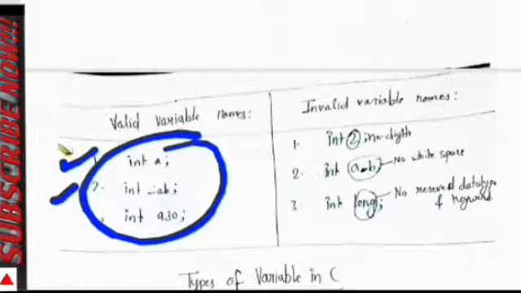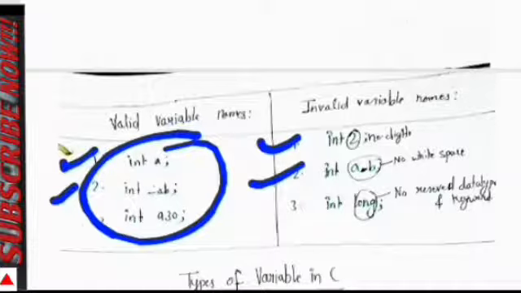Now come to the invalid variable names. We know that by the rules, a variable name does not start with digits. So the first invalid one is int 2a. This is not a valid variable name because a digit cannot start any variable name.